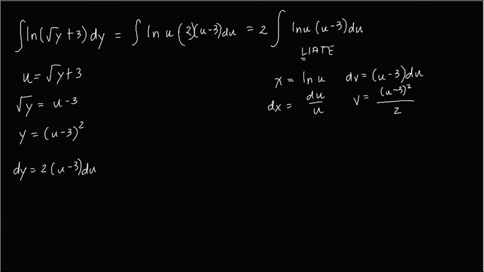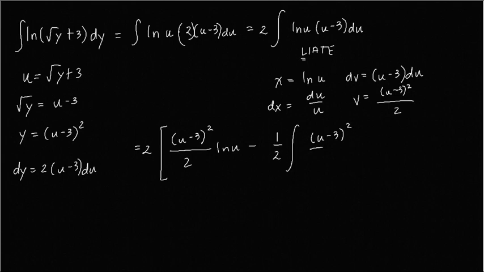So, gamitin natin siya. So, we have 2 times the quantity xv, u minus 3 squared over 2 ln of u minus integral of v dx. So, may 1/2 tayo rito. So, we have u minus 3 squared over u du.